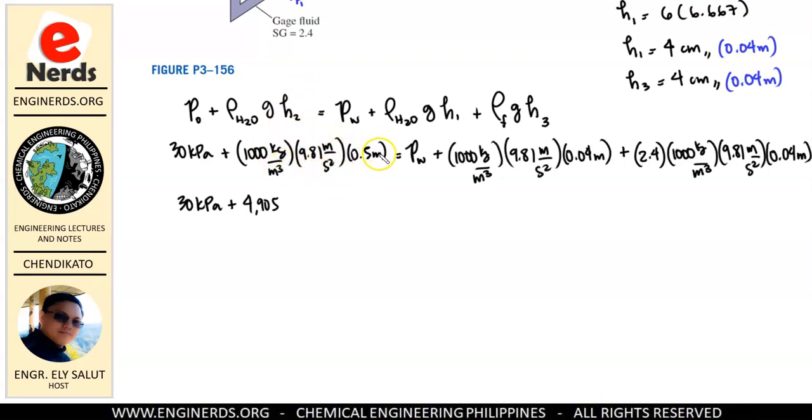So I will just get this meter here. Okay, so this meter will be cancelled out, and we will have square meter in here. Okay, so the same goes in other terms that we have here. So this will be cancelled out, this will be meter squared, this will be cancelled out, and this will be meter squared.